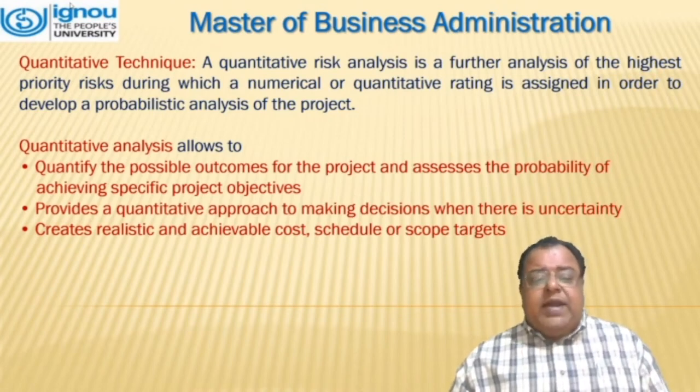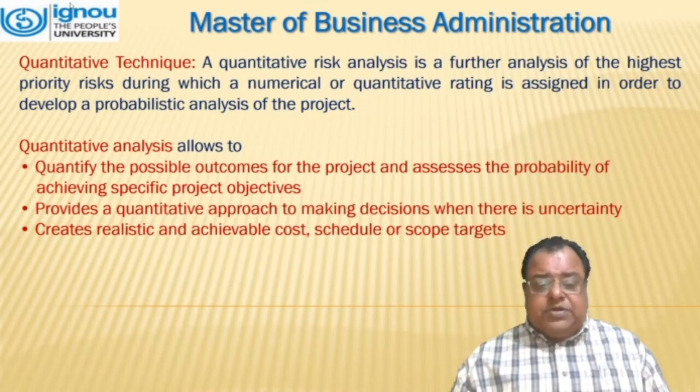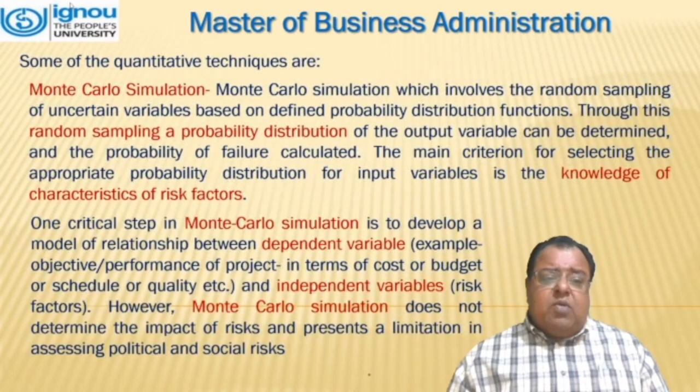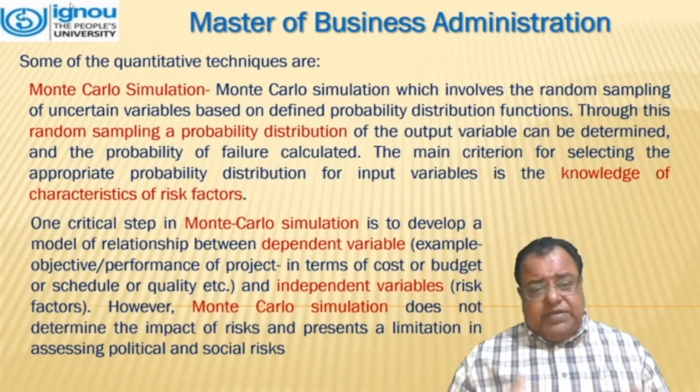Secondly, it provides a quantitative approach to making decisions when there is uncertainty. And thirdly, it creates realistic and achievable cost, schedule, or scope targets. Some of the quantitative techniques normally used in risk management are discussed over here.